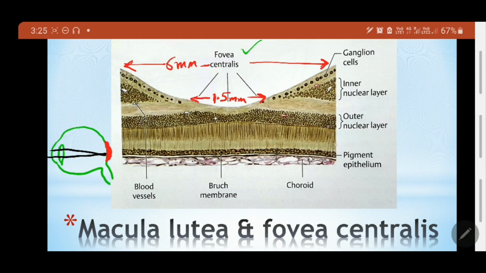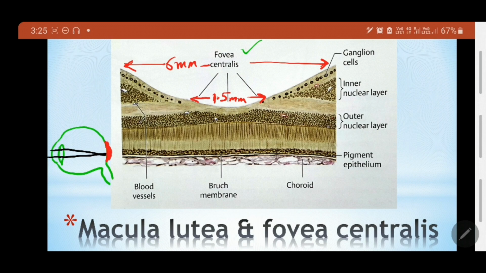Got it? Just imagine we are sitting inside the vitreous chamber and trying to see the fovea centralis, right? But there are 10 layers when you are facing the retina posteriorly from the vitreous chamber.